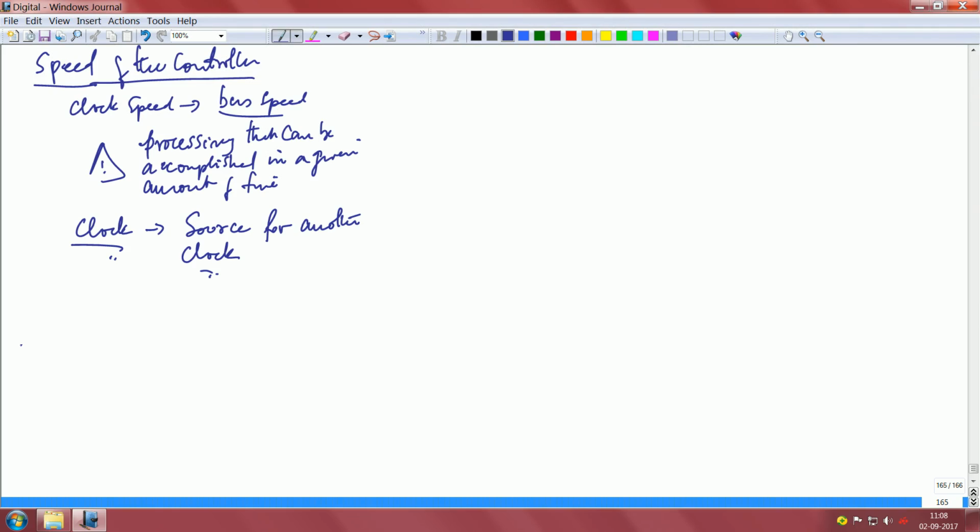For instance, in serial communication, baud rates need a clock too, which will come from one clock and generate another.